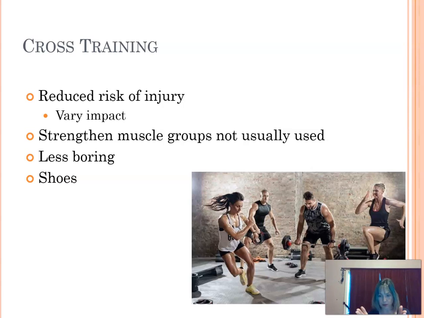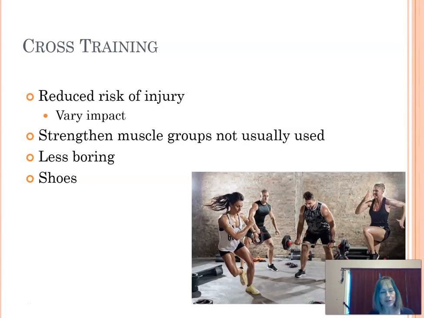So your focus remains running, but taking a day or two to do something different in order to reduce the risk of injury. Particularly for runners, swimming is great because running has repeated impact, just over and over and over and over again, the same motion. So something like swimming could be great because you're taking the impact off the joints, you're strengthening the upper body muscles with swimming in a completely different way. And it may be a little bit less boring.